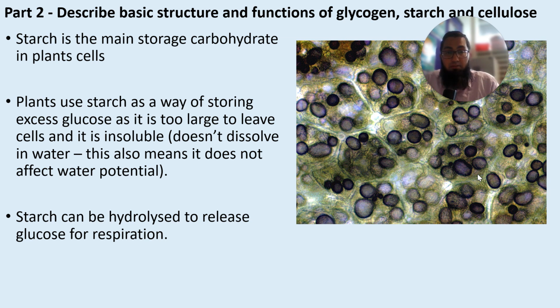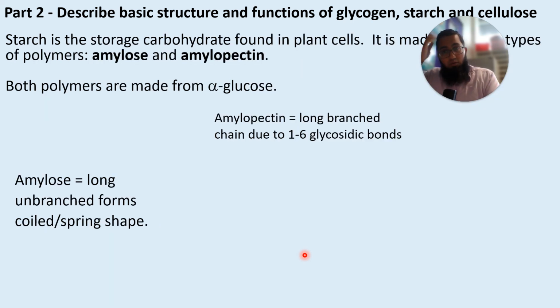So it is insoluble, so it can be stored with so much starch and will not affect water potential, so will not affect osmosis, will not affect chemical reaction, or will not drain the cell and will not shrink the cell. Starch can be broken down by hydrolysis, because sometimes the plant needs to use glucose for respiration.